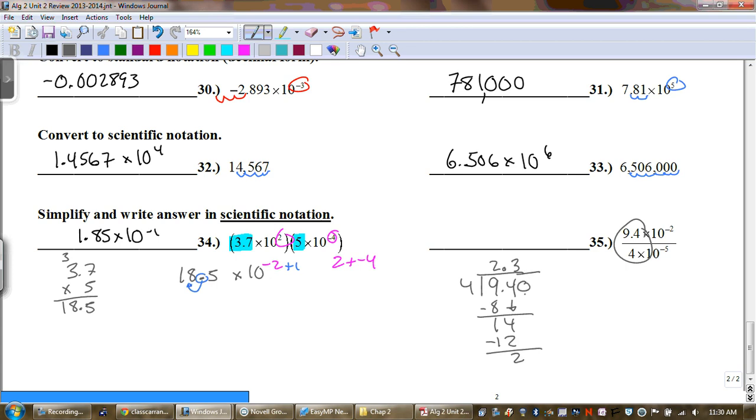And I need to go one more decimal, okay? 4 goes into 20, 5 times. Okay, so we have 2.35 times 10. And then remember, we have to subtract those. So -2 minus -5 to the 3rd power. So 2.35 times 10 to the third.